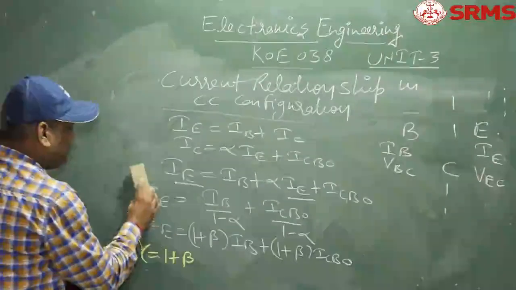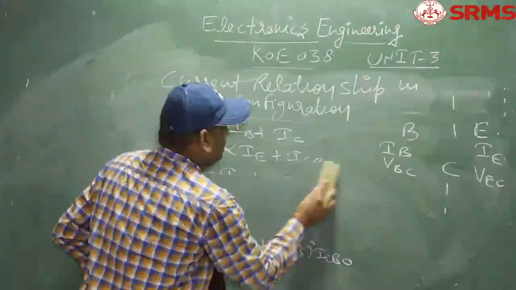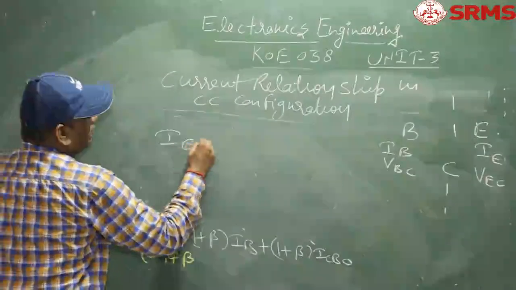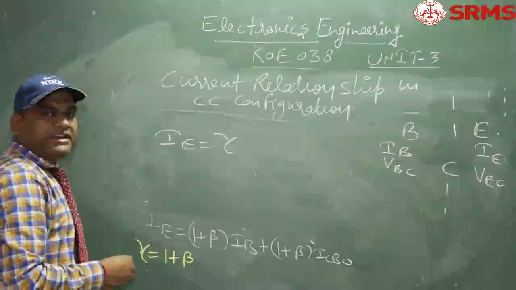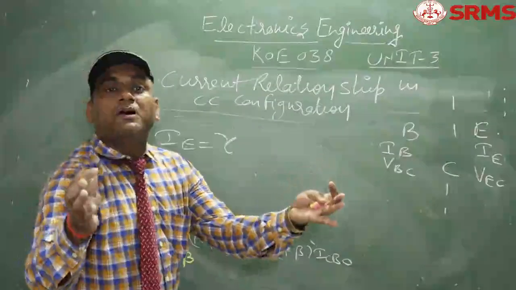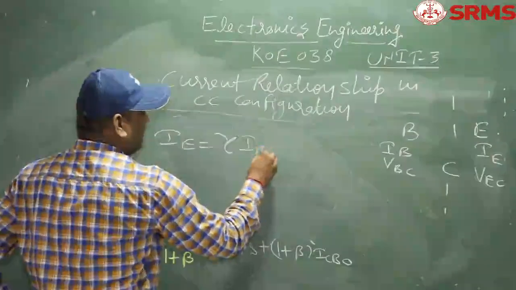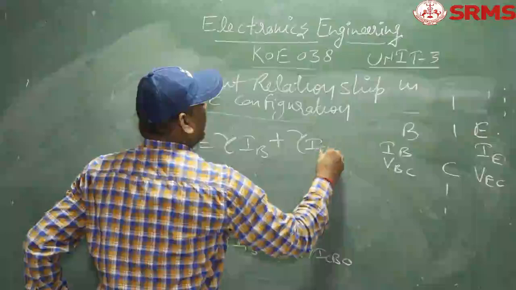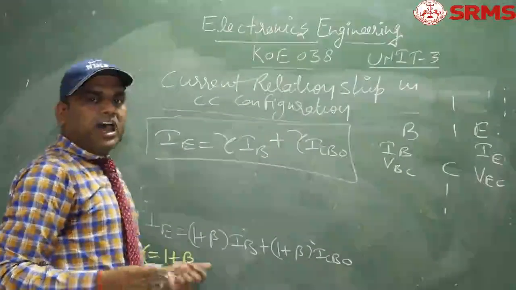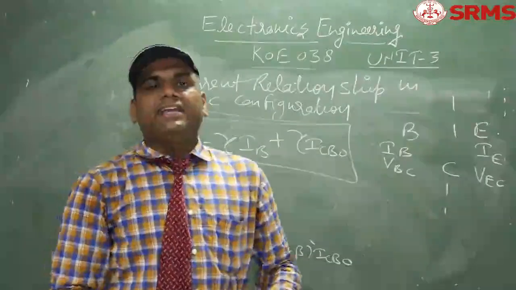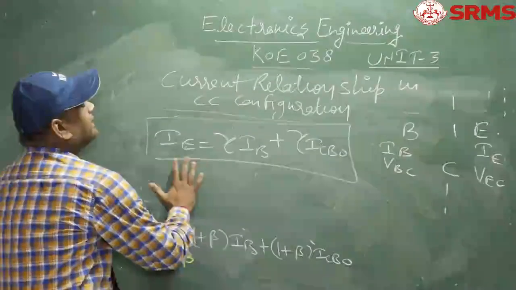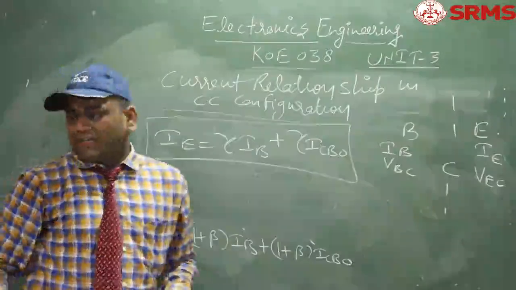You can write the expression now as IE is equal to gamma times IB plus gamma times ICBO, where gamma is your current gain, or the current amplification factor, for the common collector configuration. Gamma is very high, so the current gain in the common collector configuration is very high. Is that clear to you? So this is the current relationship for the common collector configuration.